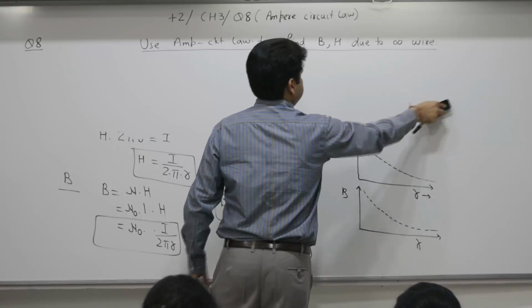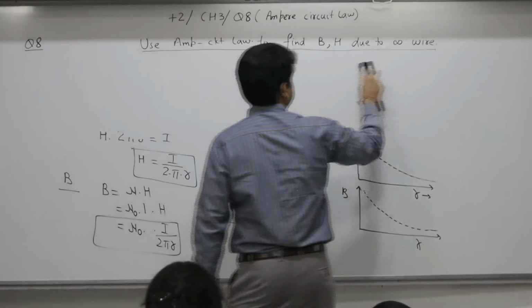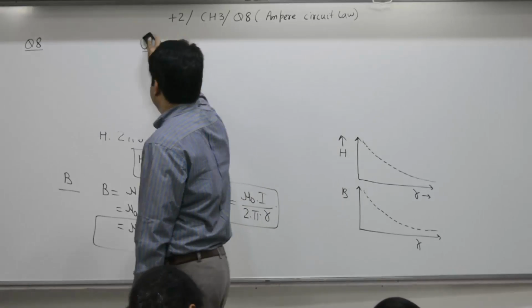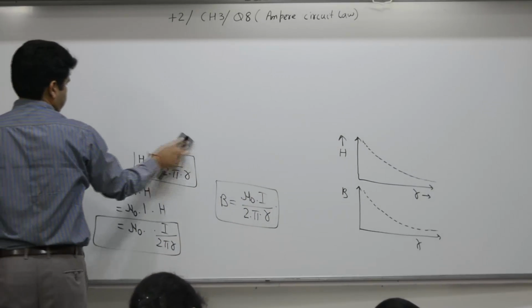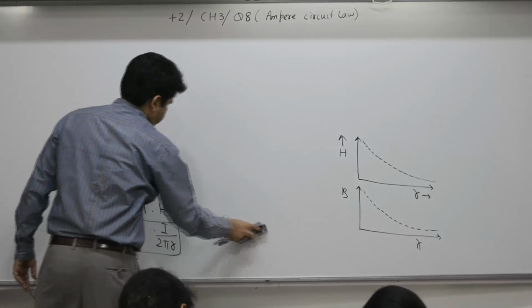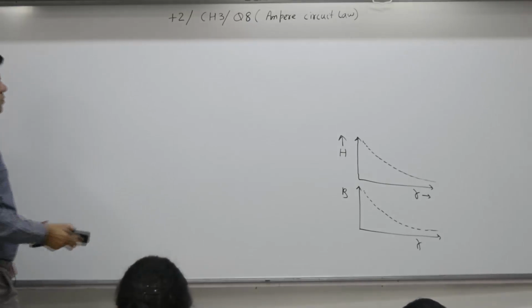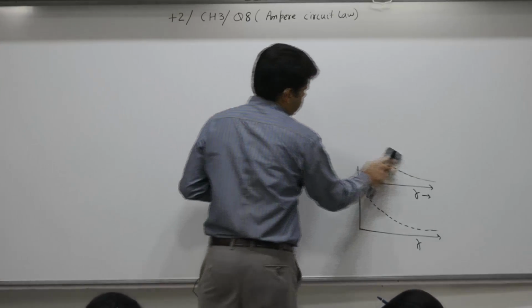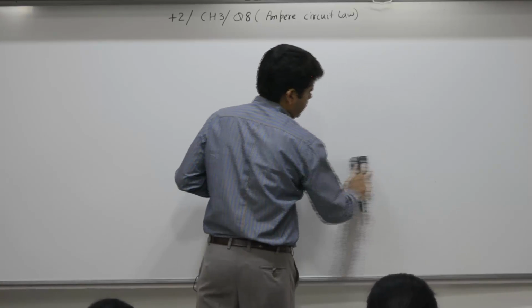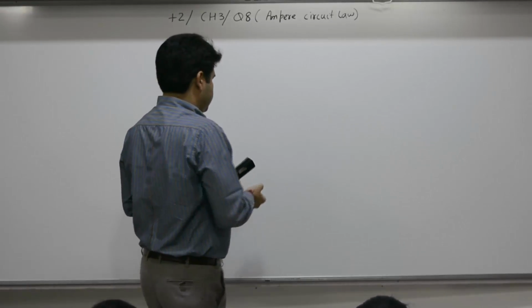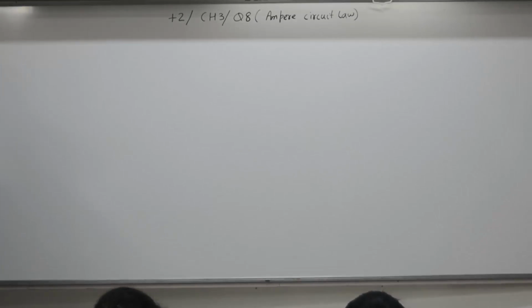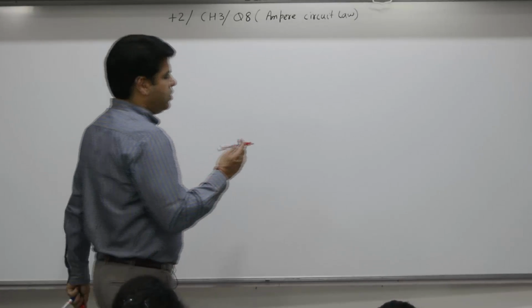Numerical number 12. The question is a long, straight, solid metal wire of radius R. So now it is a thick wire.